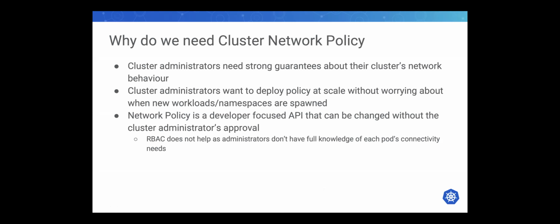And then there's another persona, that of an administrator, who is responsible for the maintenance of the cluster and has in general higher privileges and authority than a developer. And sometimes a cluster administrator needs certain strong guarantees about the behavior of the network.